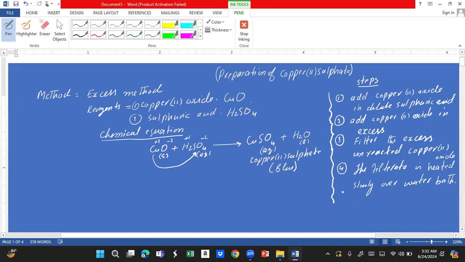So the fifth step is cool the salt solution, which is a saturated salt solution. Cool the salt solution slowly.